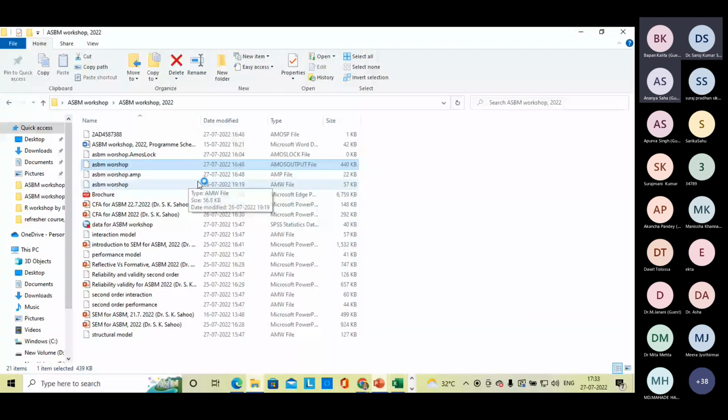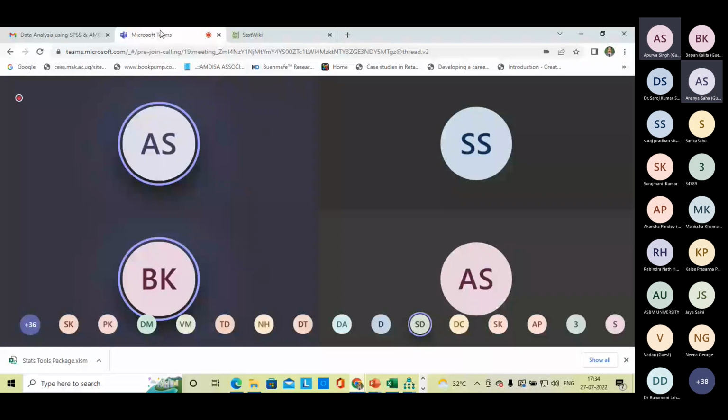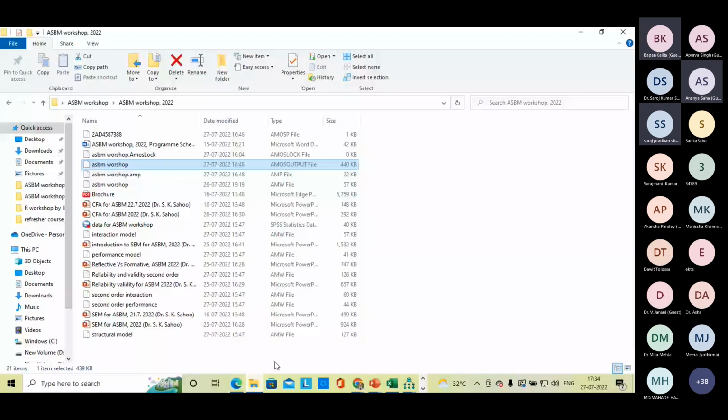Go to the Amos output screen. Yes, sir. Got it. It has been done. I am able to copy that. Thank you, sir. Copied or not?